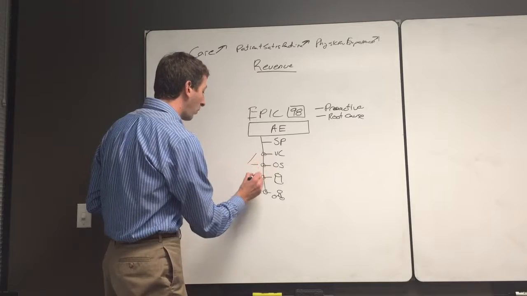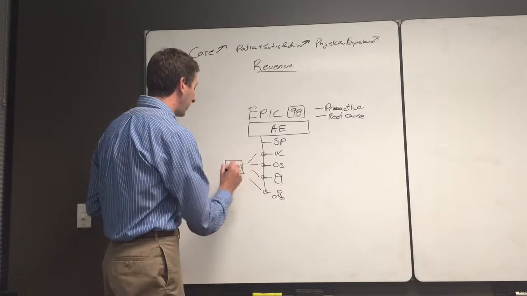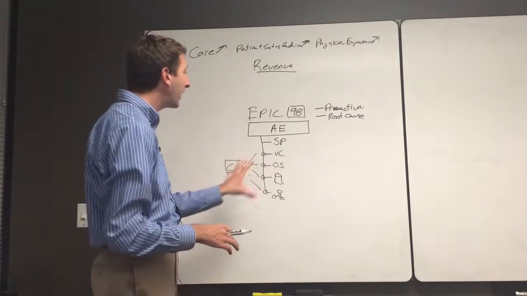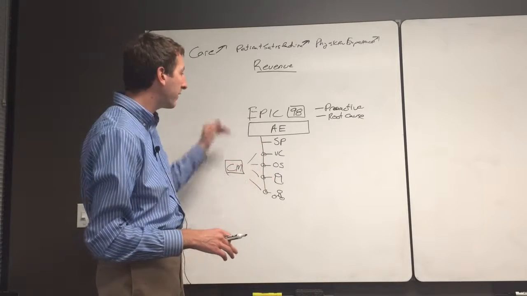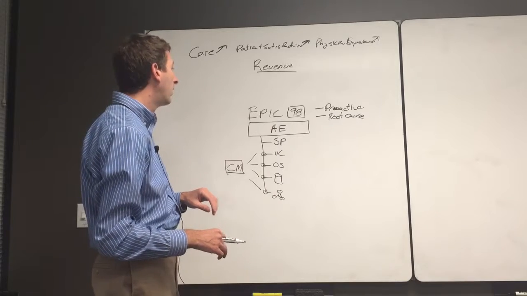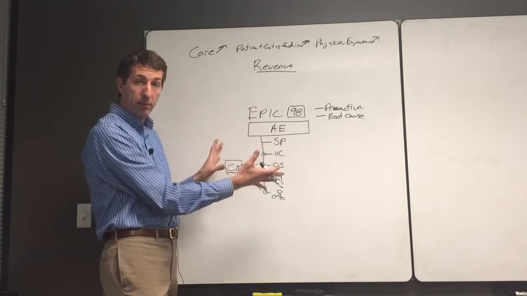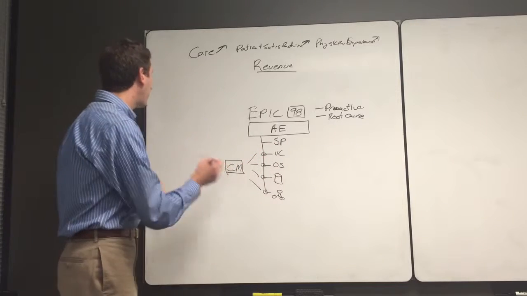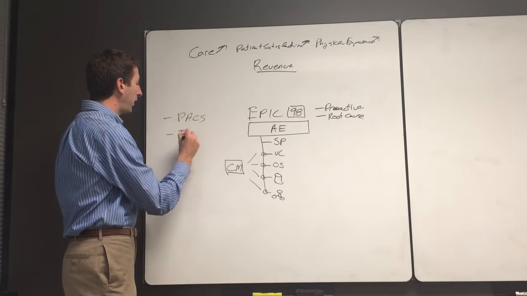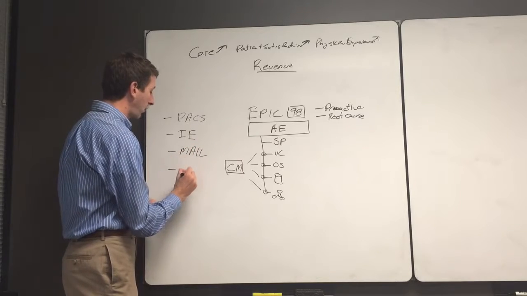So what we need to do is also collect these change elements and include them in a change management interface that we can lay on the same application health timeline so that we can quickly see whether change management events have affected the delivery of the application. And by the way, while we are discussing what we do with Epic to monitor the health and well-being of Epic, this can be applied to other applications in the organization as well, to PACS, to interface engines, to mail, and so on. Same concepts.